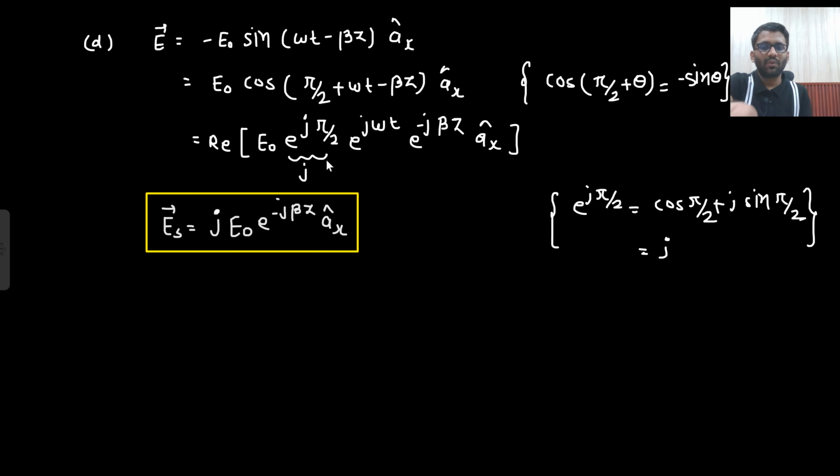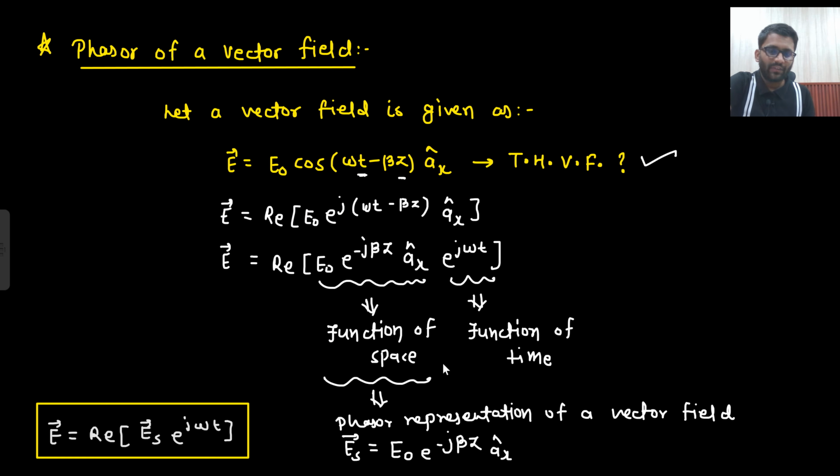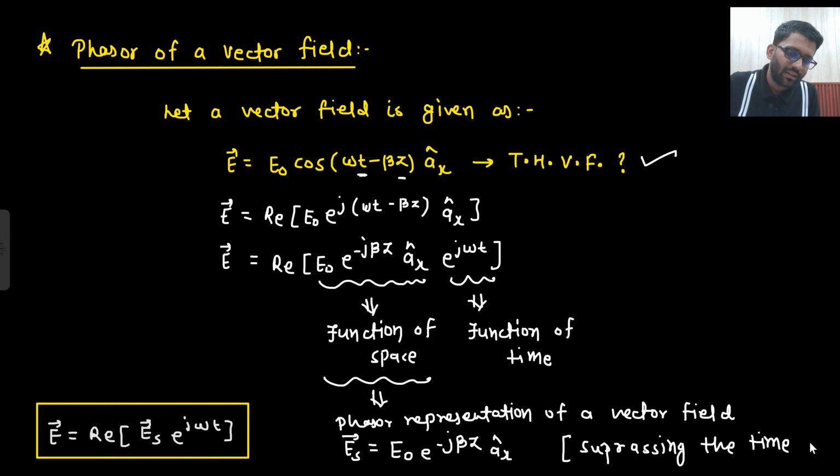In a phasor there is no term of time. When I was finding the phasor, I suppressed the time term. Suppressing means just removing it. So I have removed the time term now.